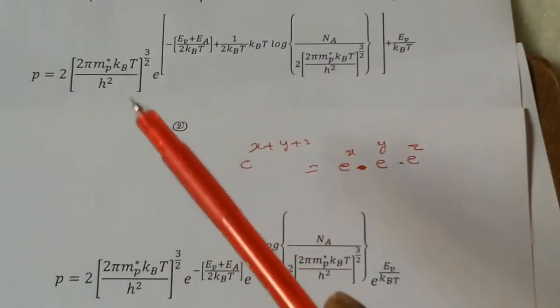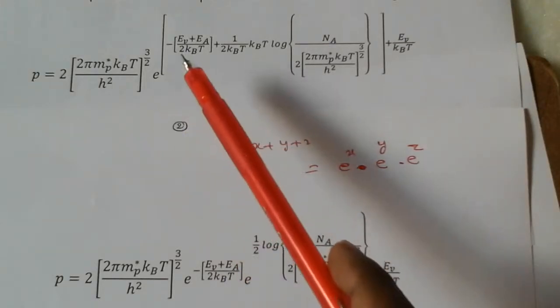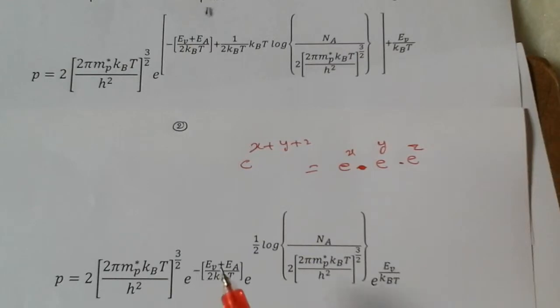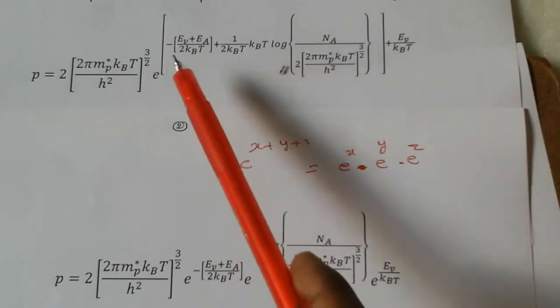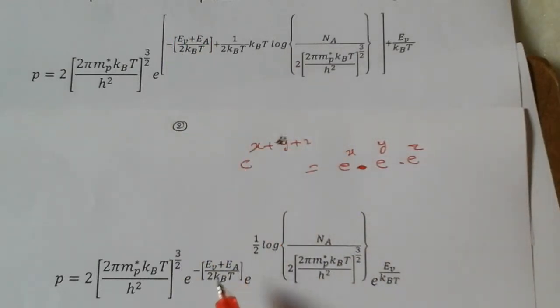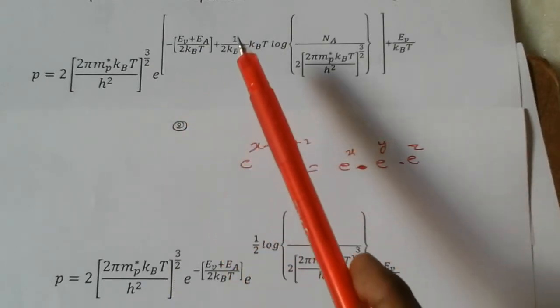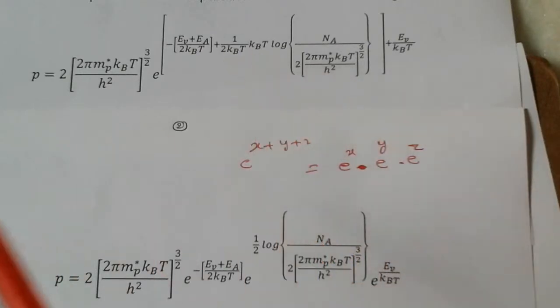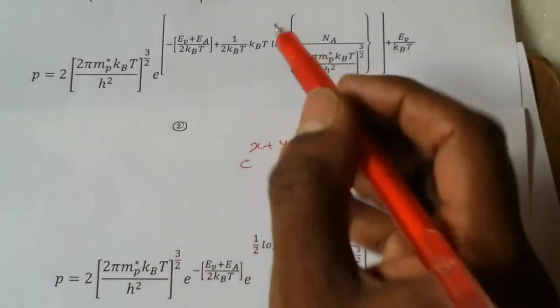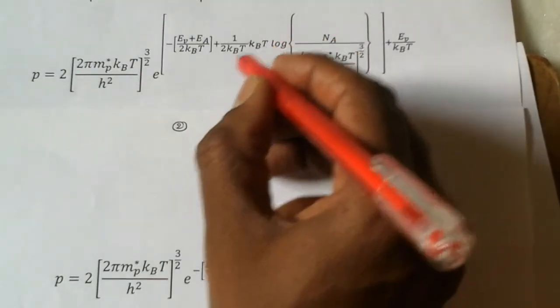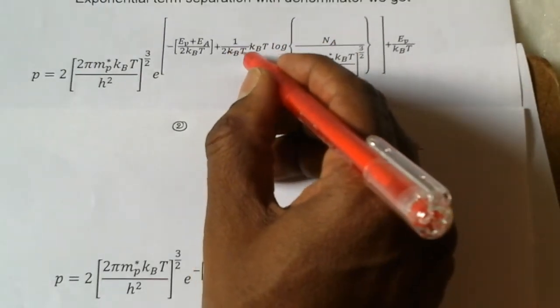According to that formula, e to the power of x means EV plus EA by KBT. So e to the power of EV, minus as it is, EV plus EA by KBT. Next, e to the power of 1 by 2 KBT. Here we can see, remember that this KBT gets cancelled.